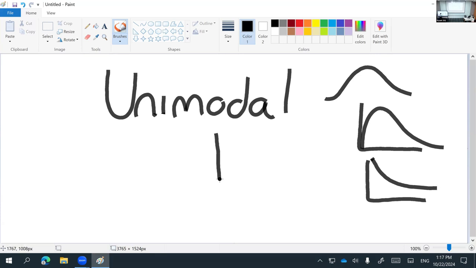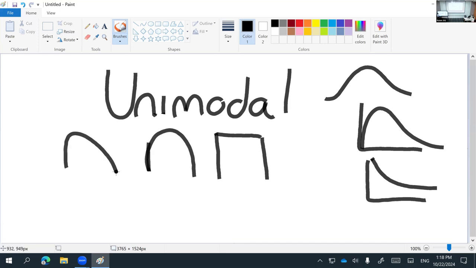Remember, beta distribution is bounded between 0 and 1. It can have this shape, it can also have this shape, and more interestingly, it can have a bimodal shape as well.